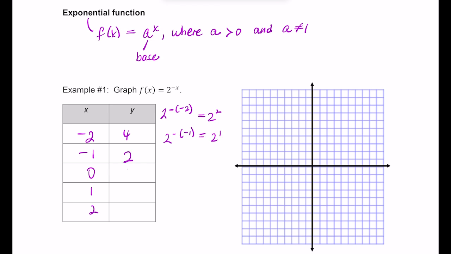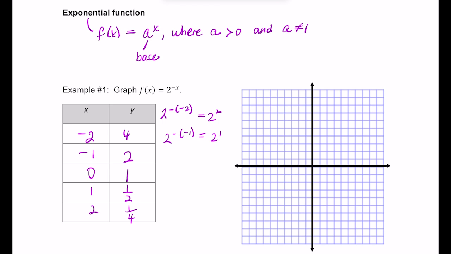Any number to the 0 power is 1. Then we have 2 to the negative first, which is really 1 over 2 to the first, or 1/2. And 2 to the negative second is really 1 over 2 to the second, or 1/4.